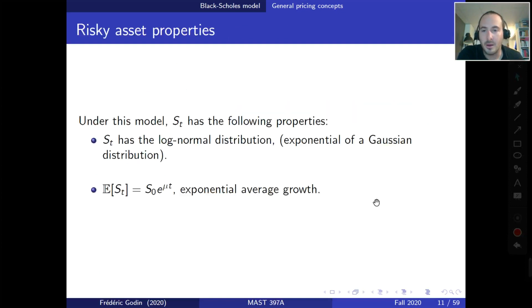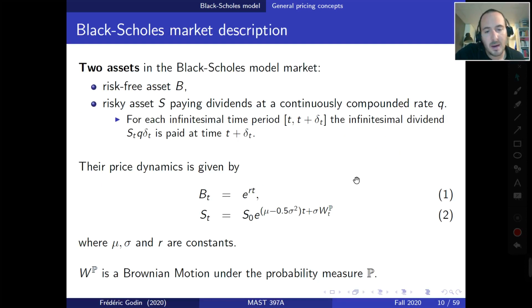So under this model, we can show some properties of the underlying asset, or the risky asset. If we go back one slide, what's inside the exponential, if we fix time t, is a constant plus, as we said, W_t, a normal random variable times a constant, so this is still normal.